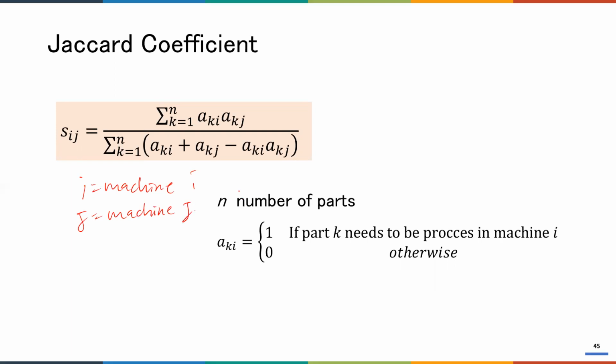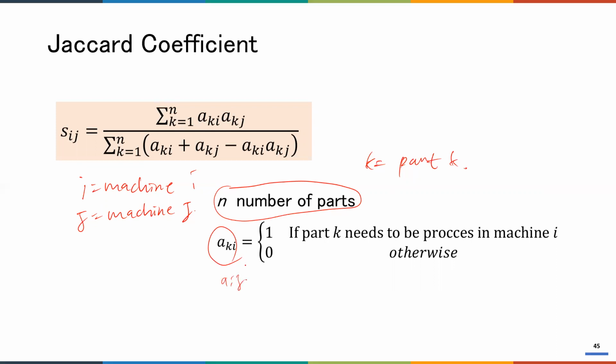If we have n number of parts that we need to make, we will have this index K. So K is the index for part. The AKI is almost the same as AIJ.